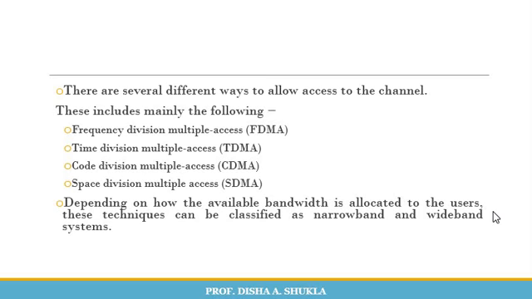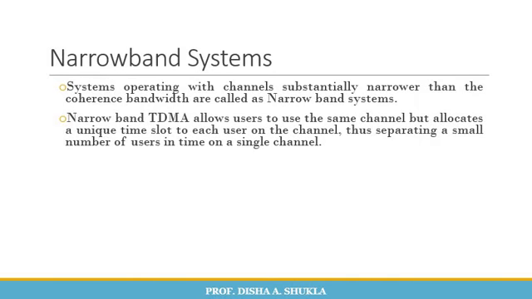But before that, we also need to know about narrowband and wideband systems. So, narrowband refers to the data communication and telecommunication tools, technologies and services that utilize a narrower set or band of frequency in the communication channel.